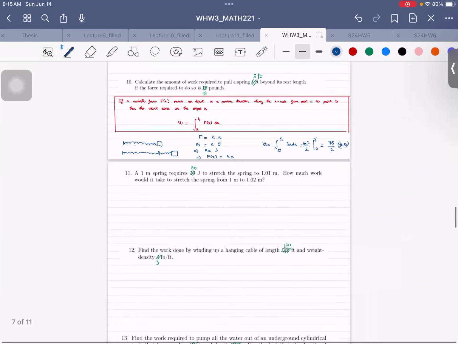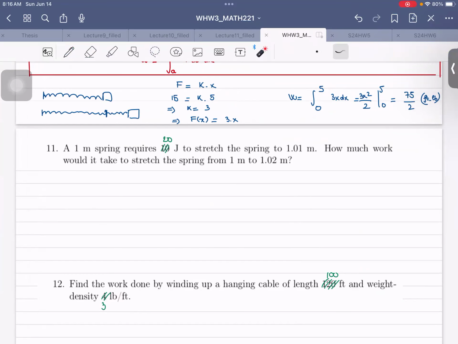Okay, in the next problem, the question again has a spring system, and the question wants you to find the work to stretch the spring from 1 meter to 1.2 meters.